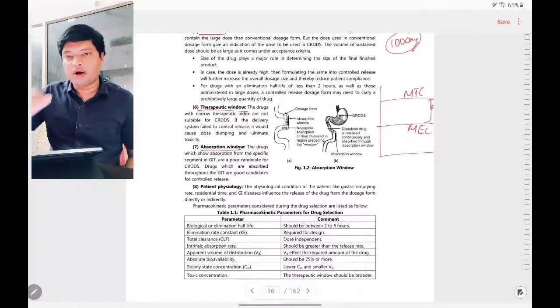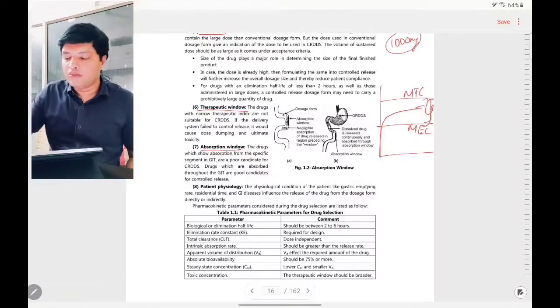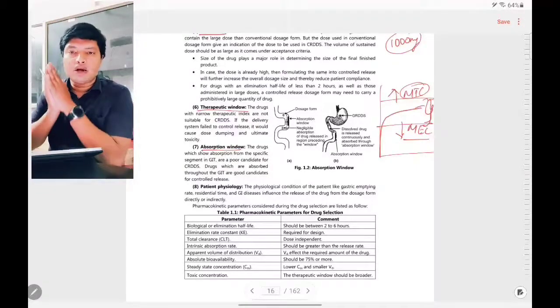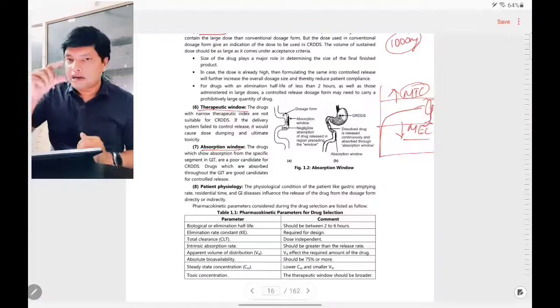Whatever window we have here, we call it the therapeutic window. It will show its therapeutic effects when the drug concentration is in this window. If it goes below this, no effect. If it goes above this, there will be a toxic effect. So you get the therapeutic effect when the concentration of the drug remains in the therapeutic window itself.